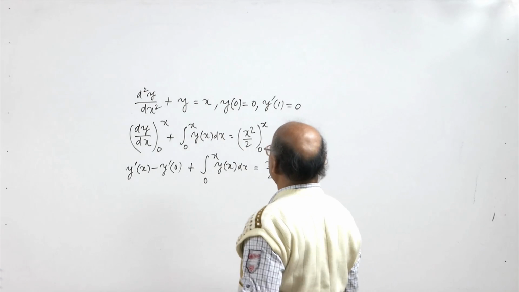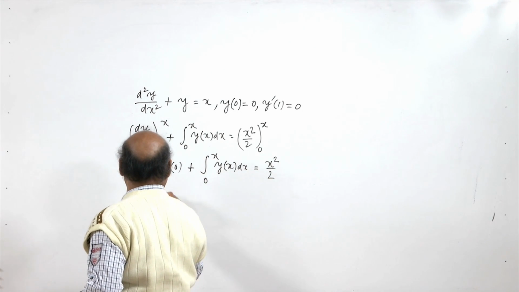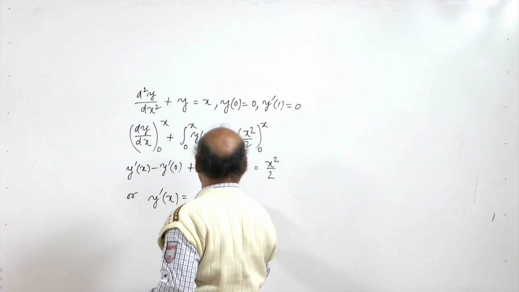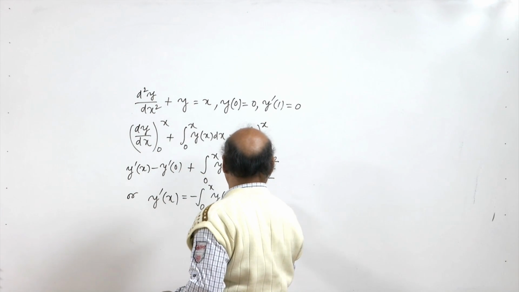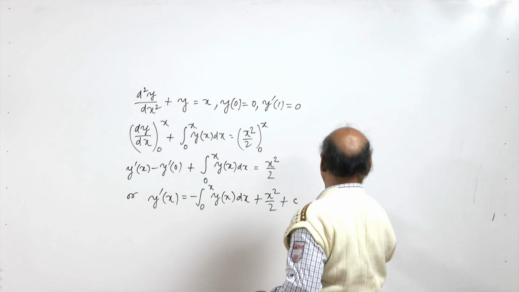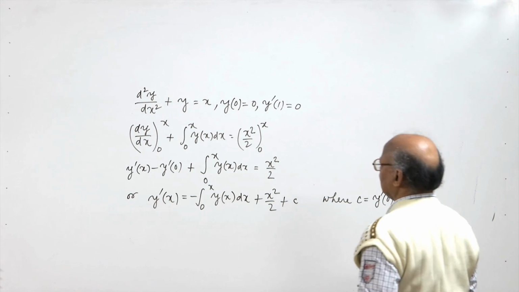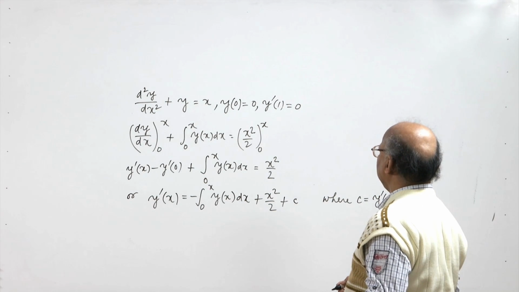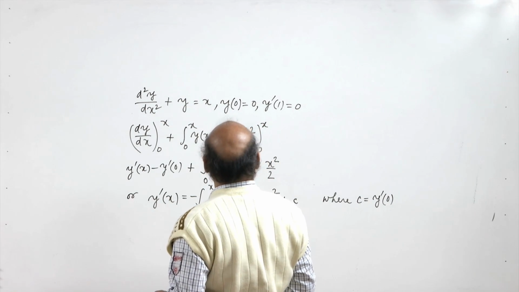y'(0) let us assume to be equal to c. So then we will get y'(x) equal to minus integral 0 to x y(x) dx, we take it to the right side so we put negative here, plus x²/2 plus c, where c is equal to y'(0). So y'(x) equals minus integral 0 to x y(x) dx plus x²/2 plus c, and let us put x equal to 1 here.